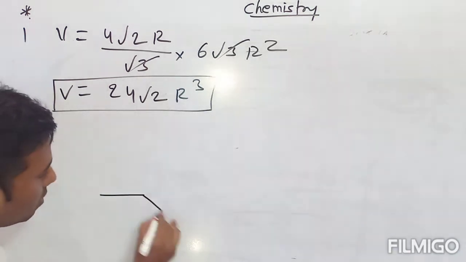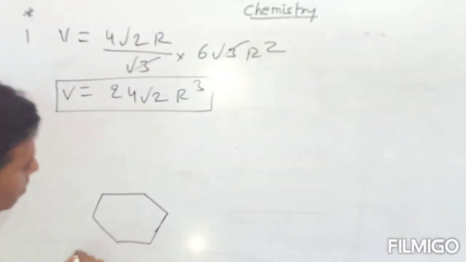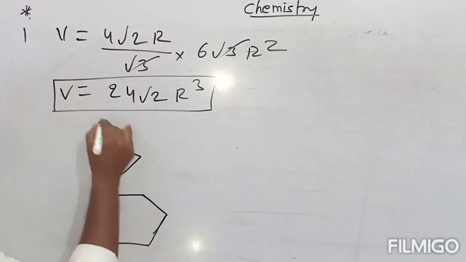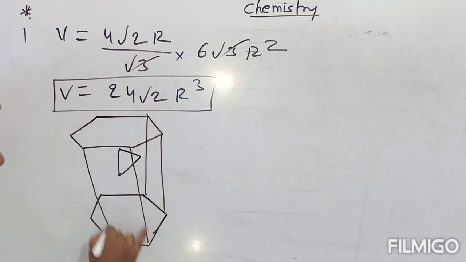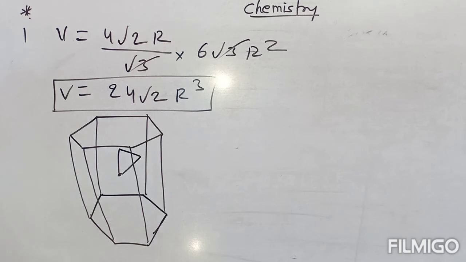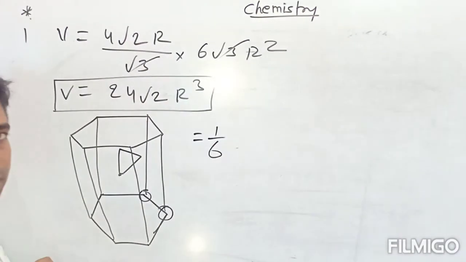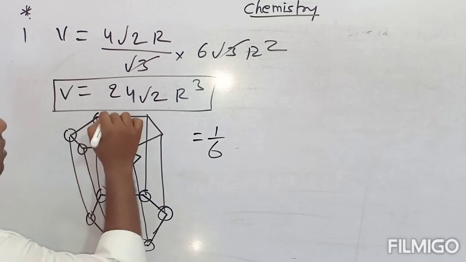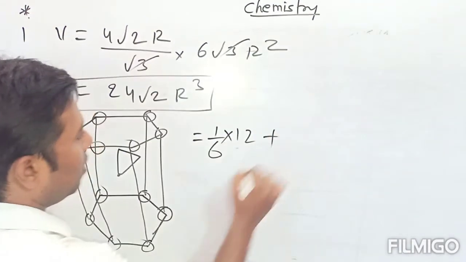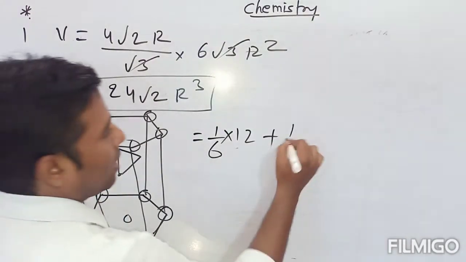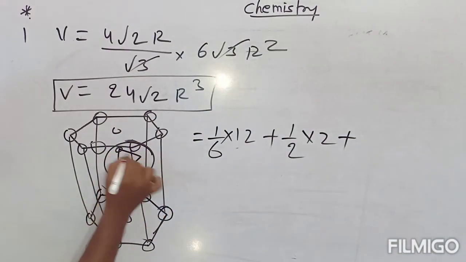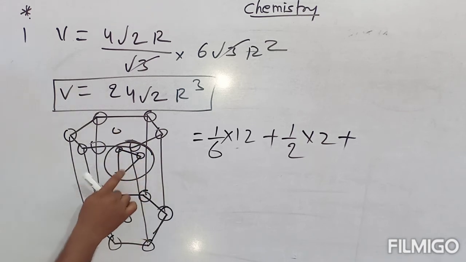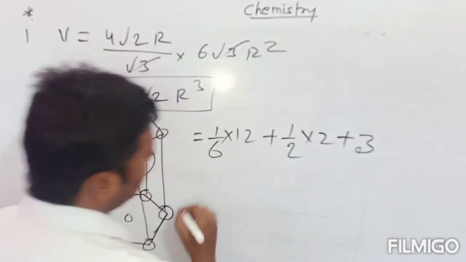The atoms present at the corners participate 1 by 6. So the total number of atoms is 1 by 6 into 12, plus the atoms present at the center participate 1 by 2, that is 1 by 2 into 2, and 3 atoms which participate 100% in this hexagon, because they behave like a sandwich between two hexagons, so the total participation is 3.